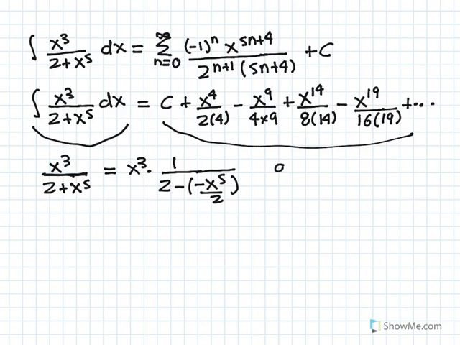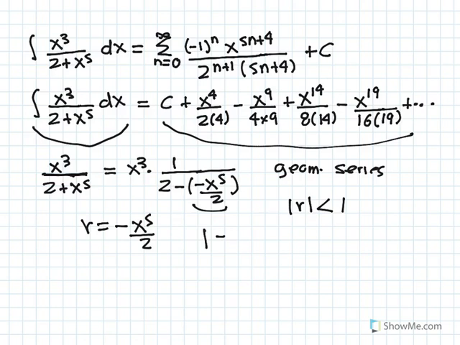So in any case, this is a geometric series with the common ratio r equal to minus x to the power of 5 divided by 2. A geometric series converges when the absolute value of the common ratio is less than 1. So the absolute value of minus x to the power of 5 divided by 2 is less than 1.